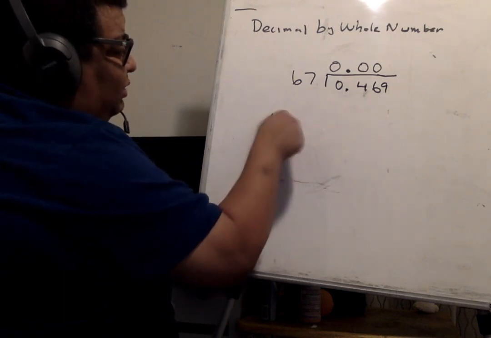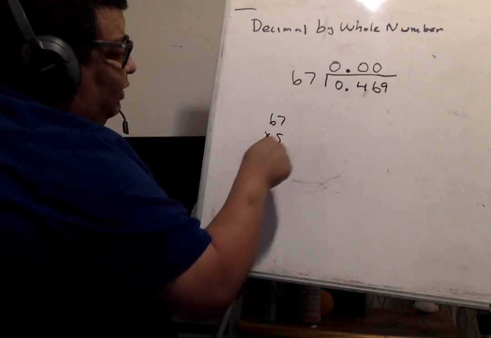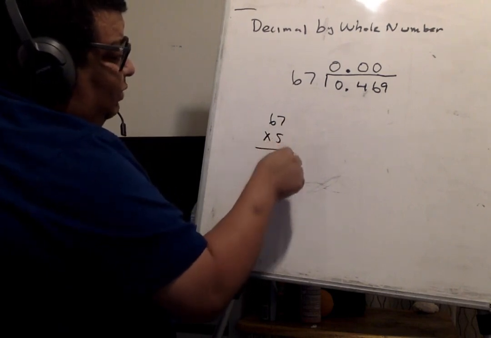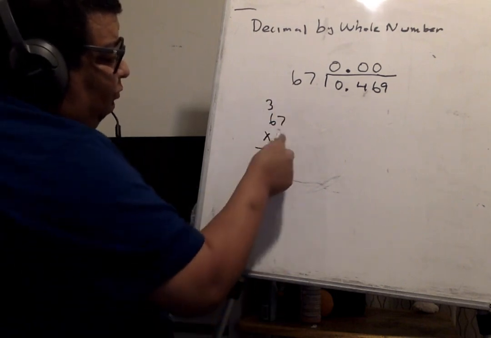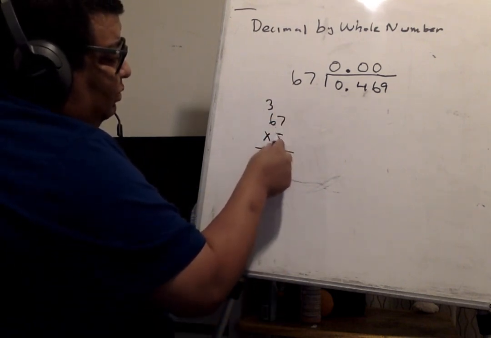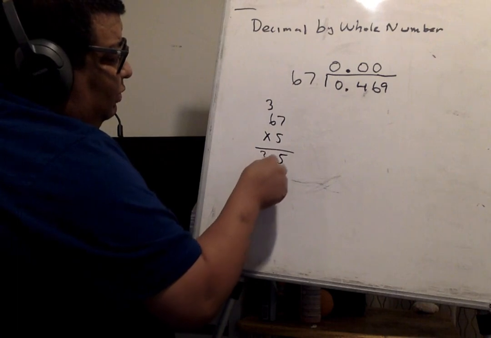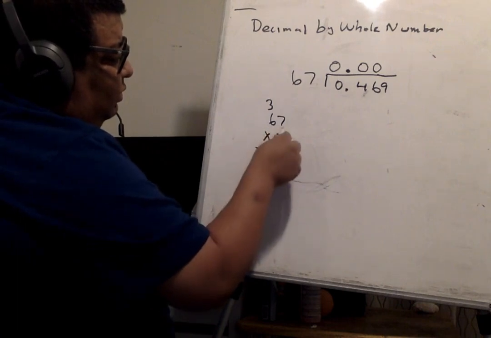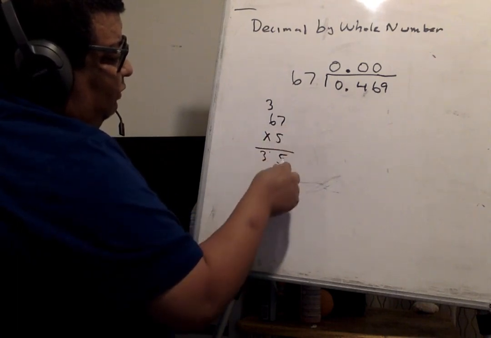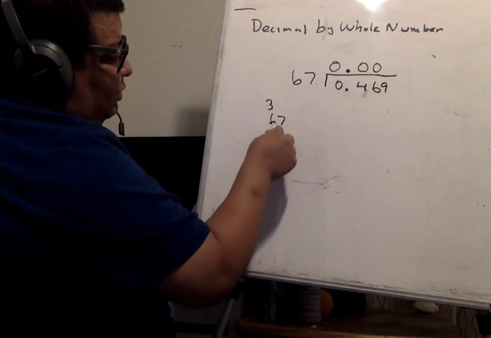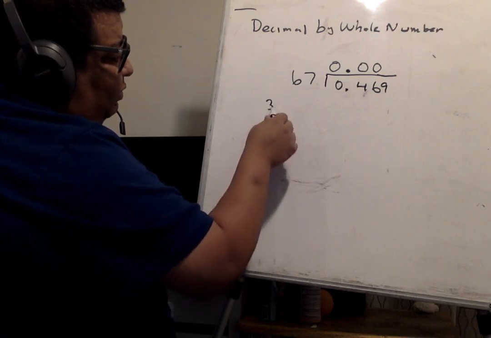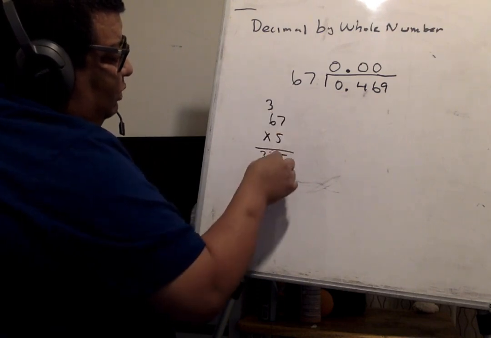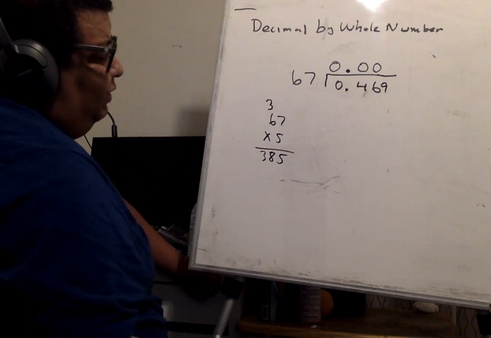So let's see, 67 times 5, 7 times 5, 35, carry 3, 5 times 6, 30 plus 3, 6, okay, 5 times 7, 35, carry 3, 6 times 5, 35, plus 3, 38, so that's 385.